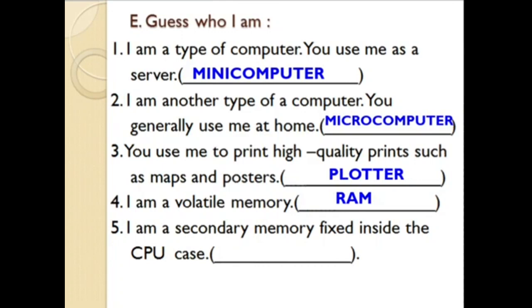I am also a secondary memory. Yes, hard disk. So the first one is mini computer. Second one is microcomputer. Third one is plotter. Fourth one is RAM. And the fifth one is hard disk. So please note it in your book, Kanna.